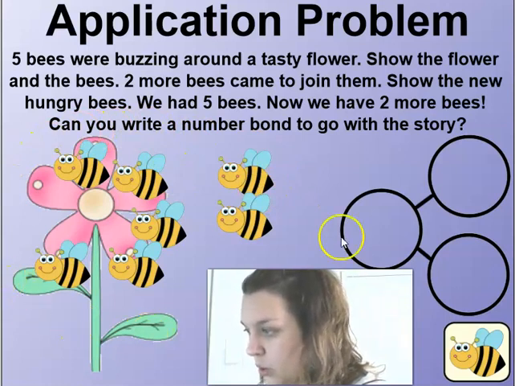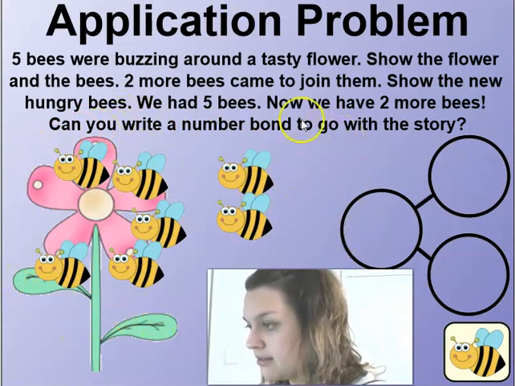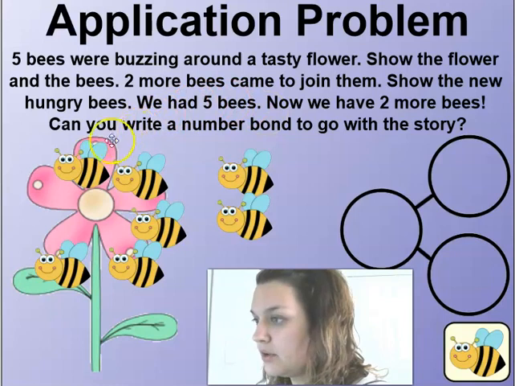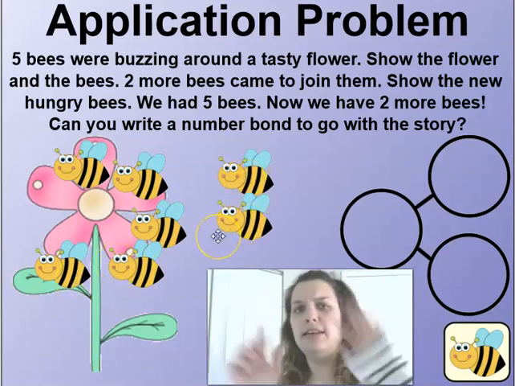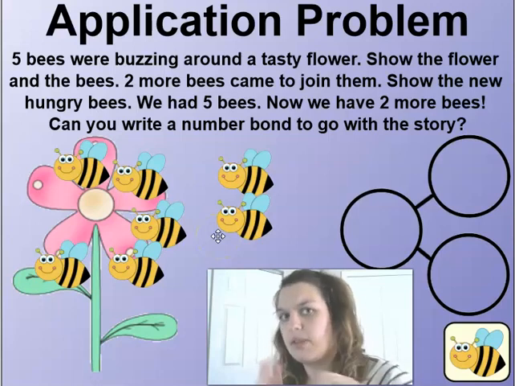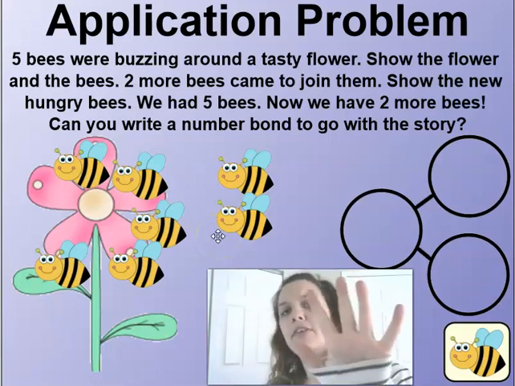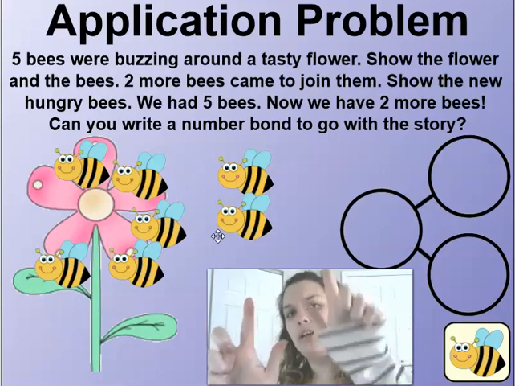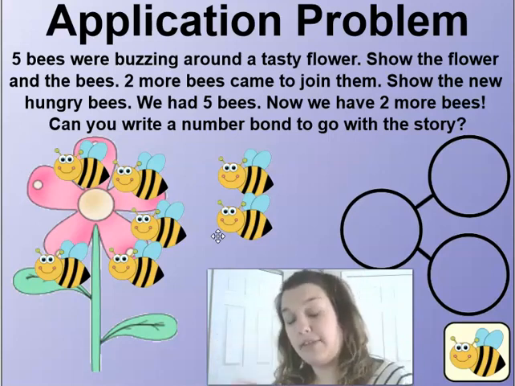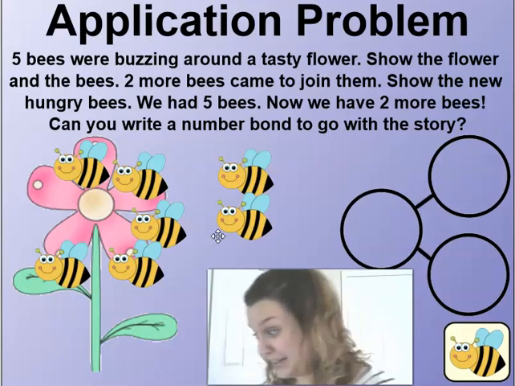Let's count. 1, 2, 3, 4, 5, 6, 7. Now let's do it on our fingers and see if we get the same thing. So we have 5 and 2 more. Let's count. 1, 2, 3, 4, 5, 6, 7. We did it! Great job!